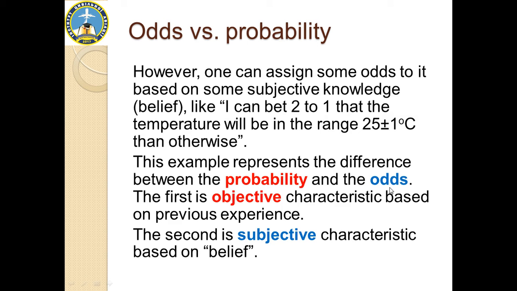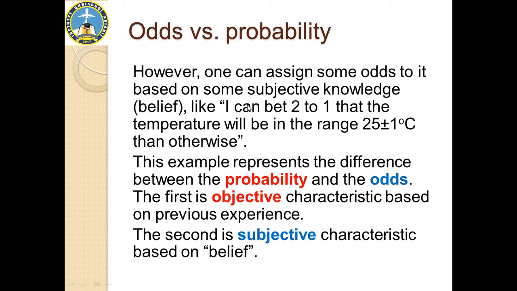The odds are our subjective knowledge, based on our belief in something, like we believe that this outcome will be more probable than the other. It cannot be based on objective knowledge, but we can know from previous experiences or from other sources that this is true, so we can deal with this. But we deal with it as uncertainty, not as objective knowledge.